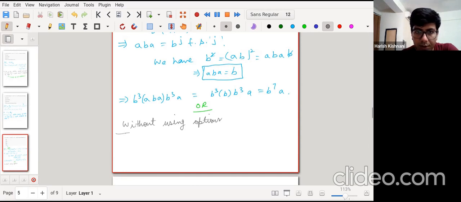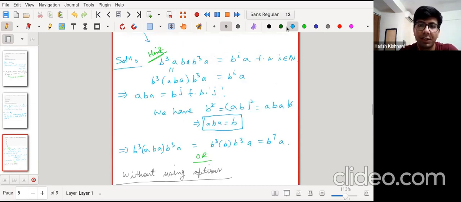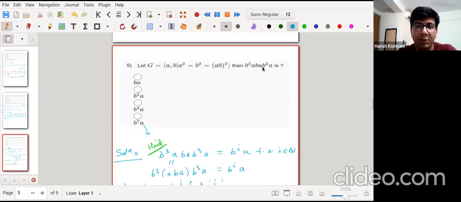See, if you are not given any option, then first of all you can write it in this way also, because it's also an element of G. At least something would be given in the option. They might have given options like a times b^5 or b^6 or b^7, then it would be more confusing.